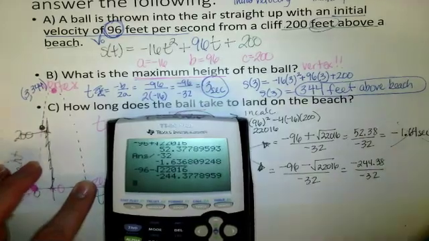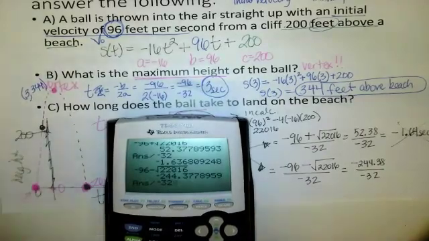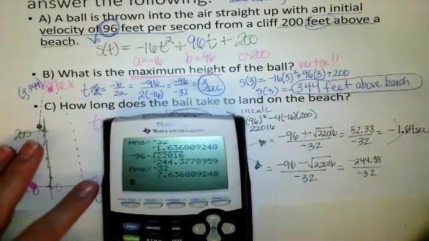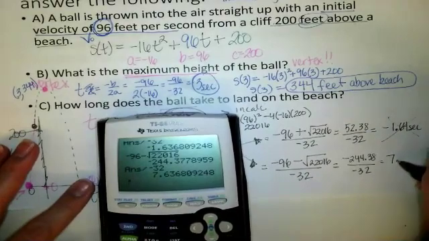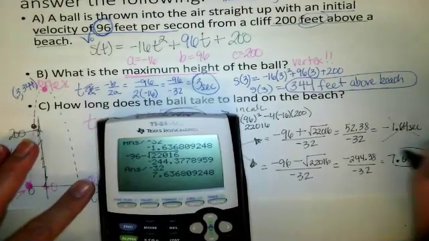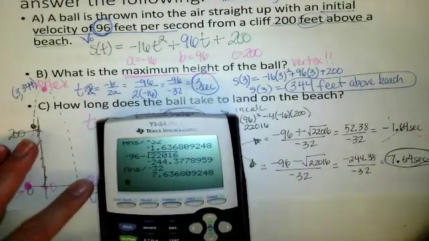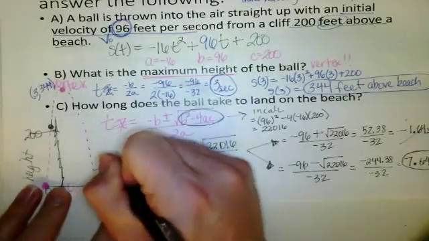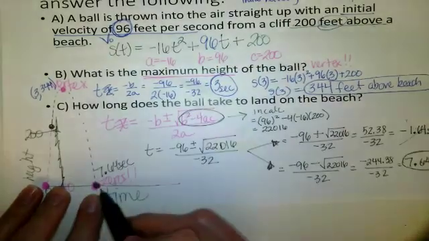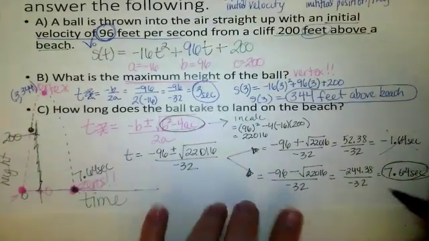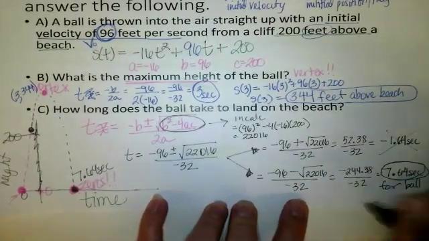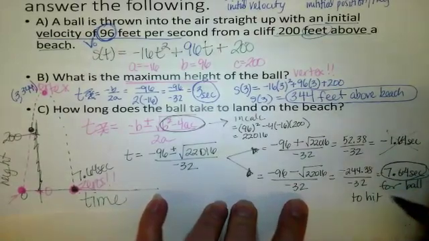And now I'm going to divide it by negative 32. And a lot of this you can just do on your calculators, ladies and gentlemen. And we get 7.64 seconds. So we're going to round to the hundredths place. That's a nice positive answer. It was 7.64 seconds for that ball to land on the ground. For the ball to hit the beach.